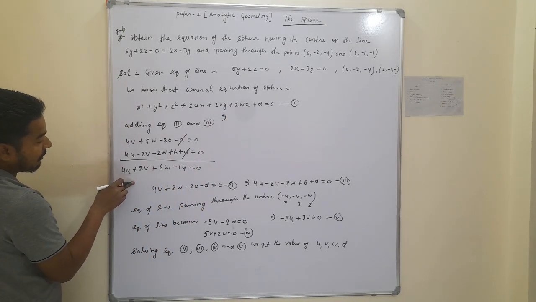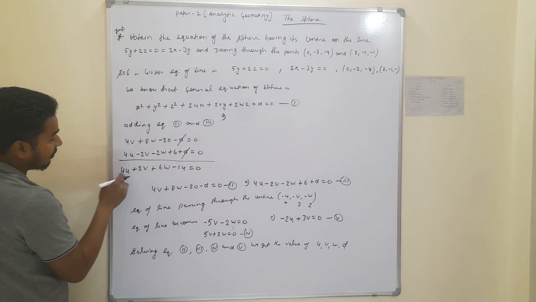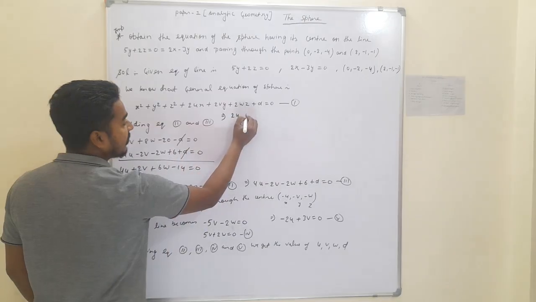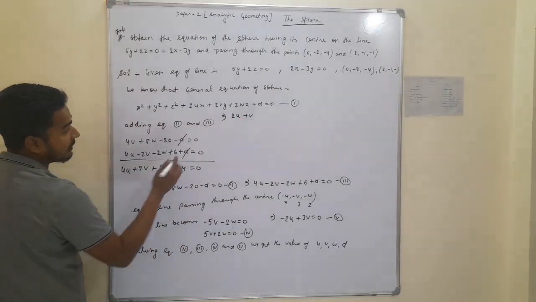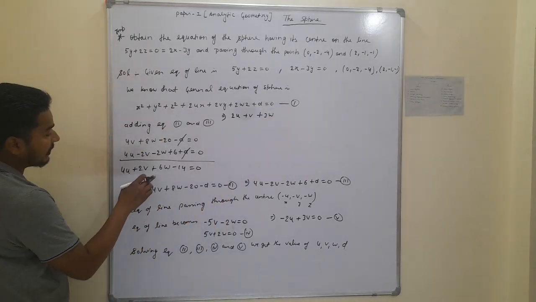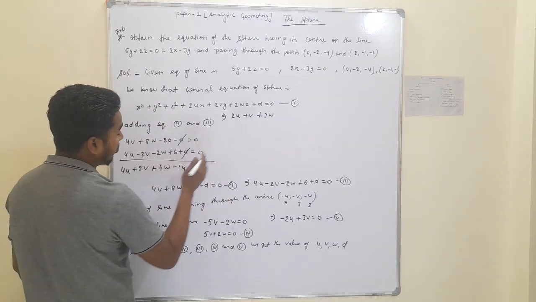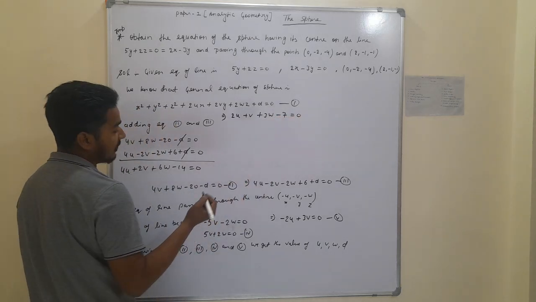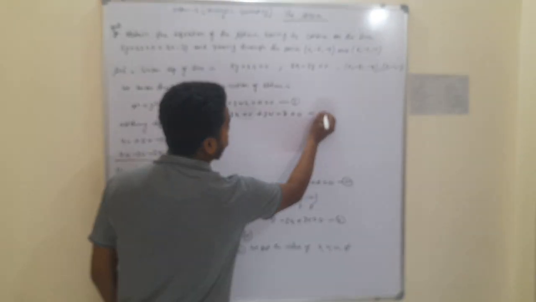2 taking common, we get 2u plus v plus 3w minus 7 is equal to 0. Let this be equation sixth.